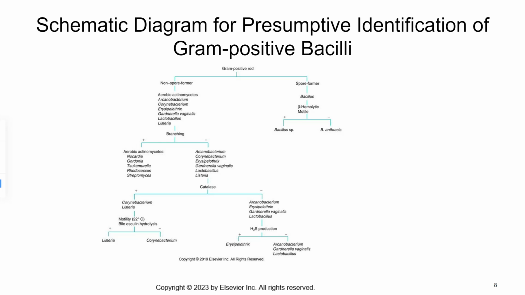If you take the exam for this course or the qualifying exam to become an MLT, ASCP certified laboratory technician, it may give you a series of results, such as a gram-positive bacillus that is catalase positive, motile at 22 or 25 degrees Celsius, and bile-esculin positive.